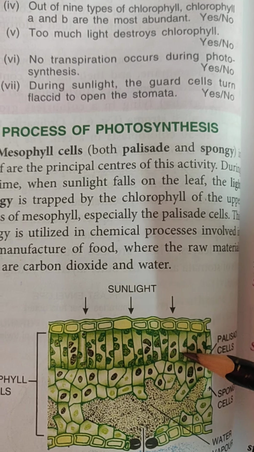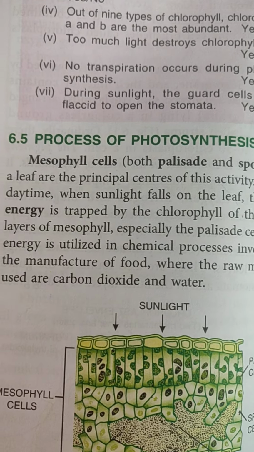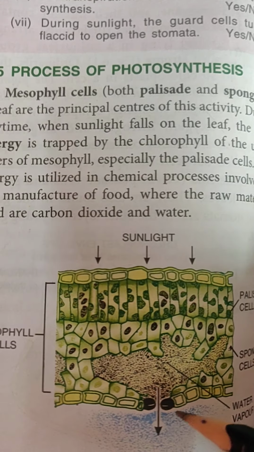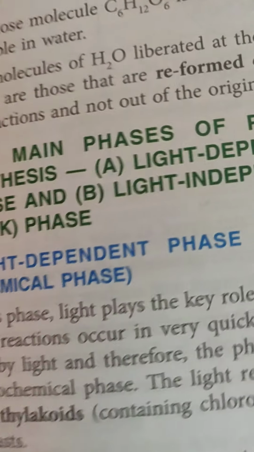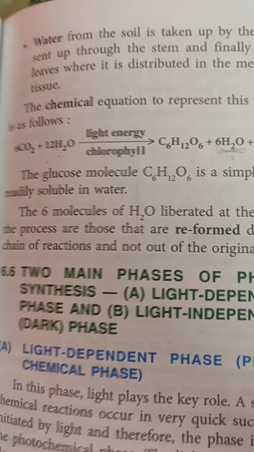So in presence of that light energy, carbon dioxide and water are used as the raw material to prepare the food. Now we get the carbon dioxide from the atmosphere through the stomata, and water is absorbed by the roots from the soil.